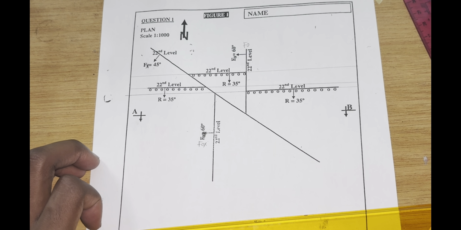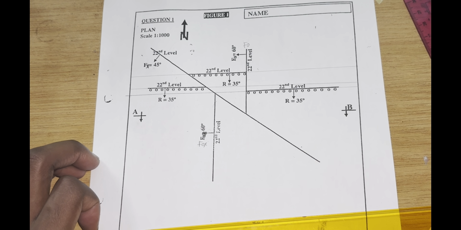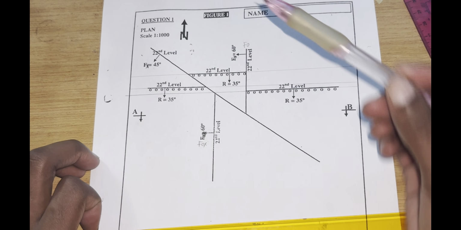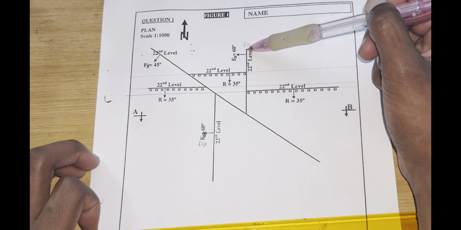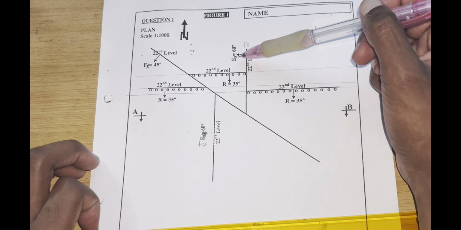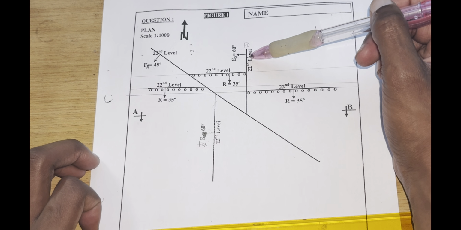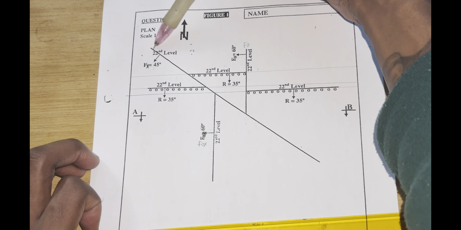Now let's name our reefs. Coming to the reefs, let's check. What do we have? We have this reef first. Remember, I said we name with respect to the hanging wall. So let's come here to this reef. This reef, if you check, it's situated where? On the hanging wall side of FO. Remember now this is FO, it's no longer F1. This reef here is situated on the hanging wall of FO, but on the foot wall of FX, in this block.